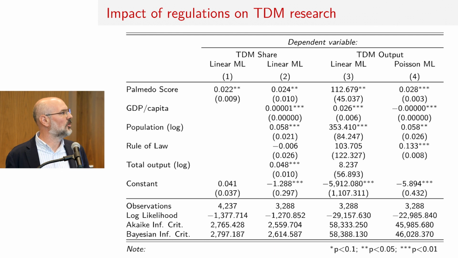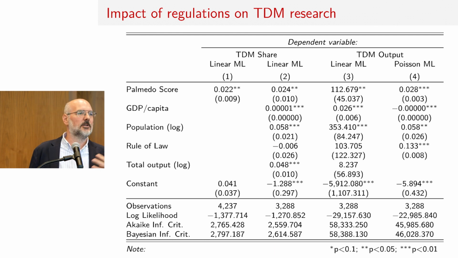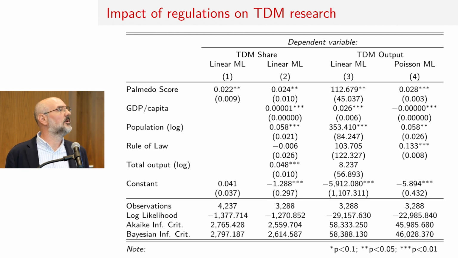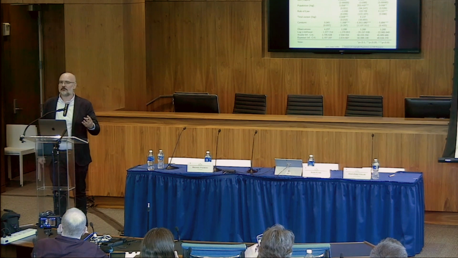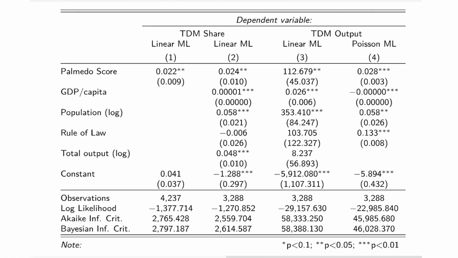Actually, when you control for GDP per capita, population, and all that, the coefficient of Mike's score is a little bit higher. What this tells us is that when the average country switches from, for instance, the value 1 to the value 2 in Mike's score, the average increase in the share of data mining papers is around 2.4 units.